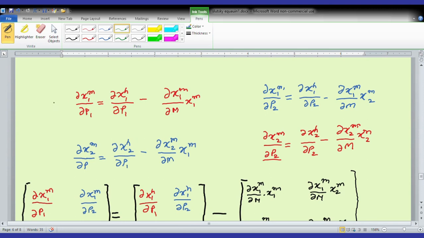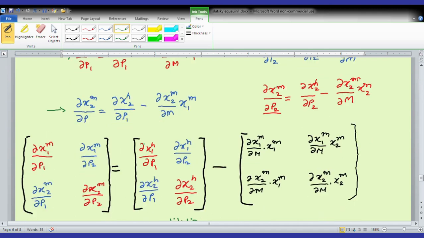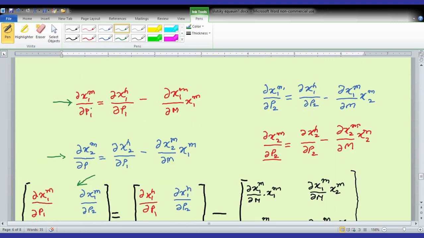See that each row consists of Slutsky equations for one good. So this first row consists of all the Slutsky equations for good 1, and this second row consists of all the Slutsky equations for good 2, and with the help of these Slutsky equations, I have written down this matrix system. The left hand side matrix in this equation is made up of the left hand sides of these equations.